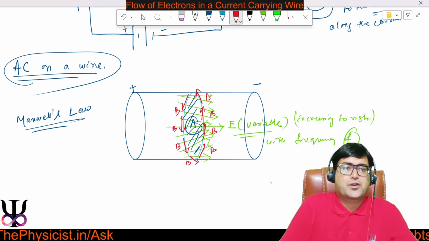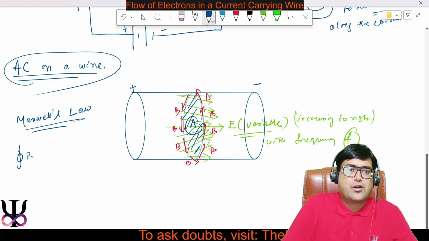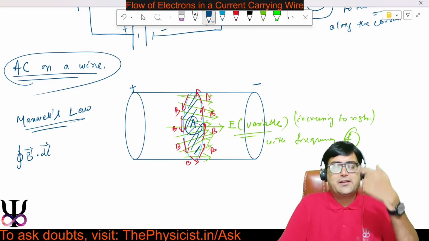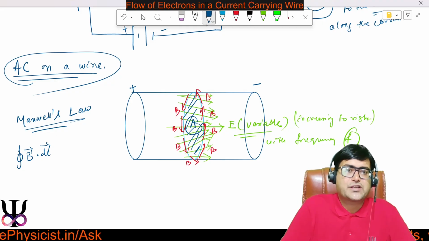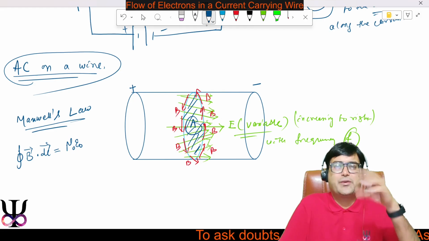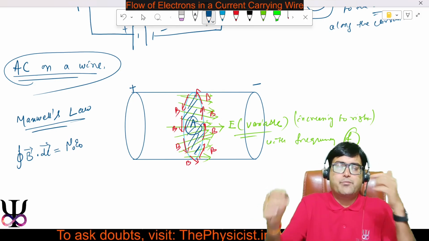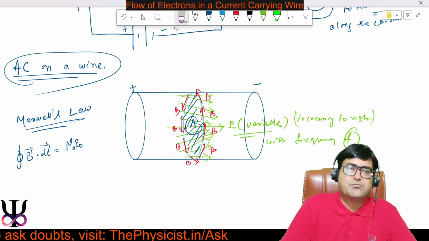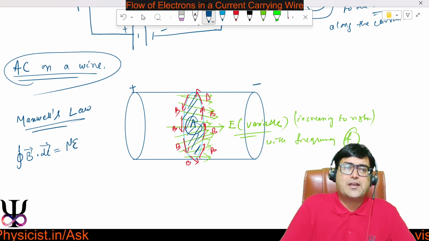that is in accordance with Maxwell's law, which is the loop integration of B dot dl, that is, if you integrate the magnetic field along the loop of the periphery of this cross section, that must be equal to mu naught epsilon naught d phi E by dt. You might say, sir, why mu naught epsilon naught?